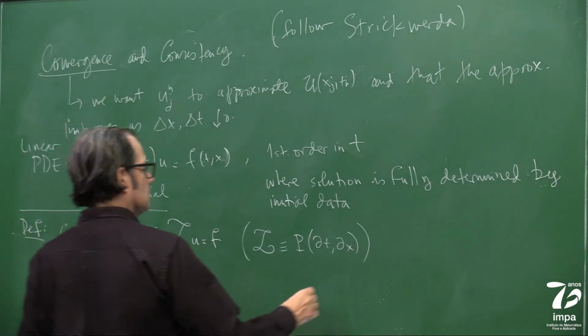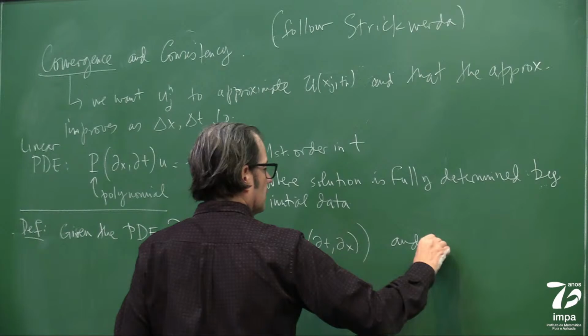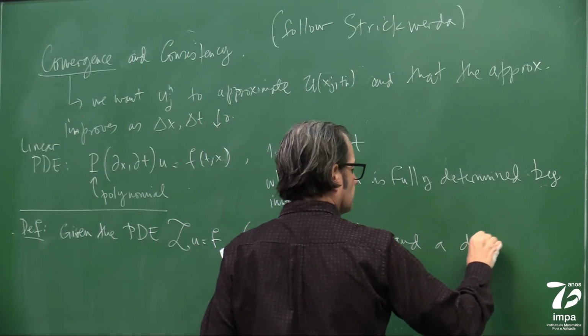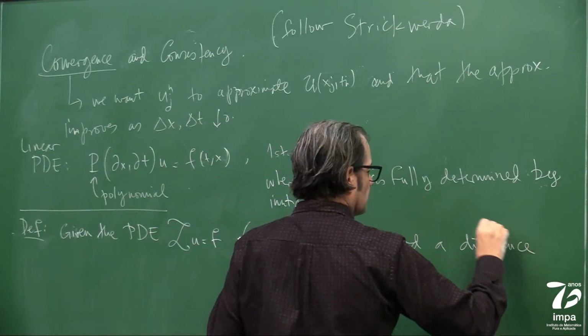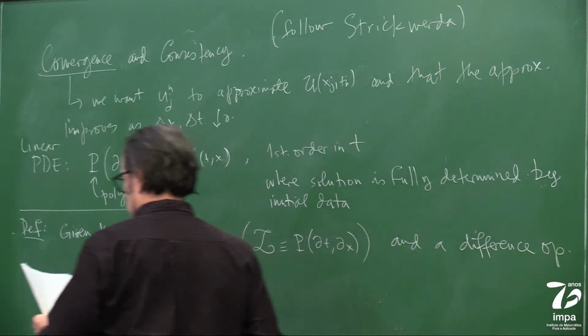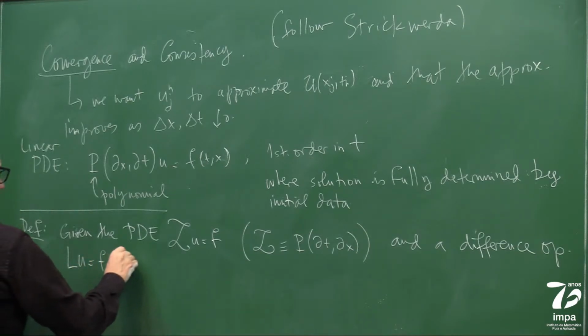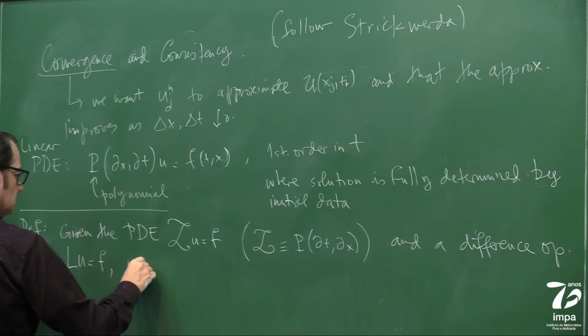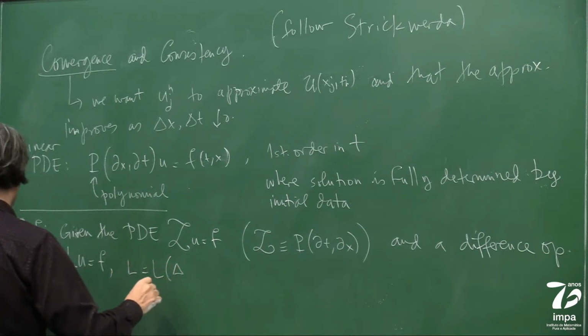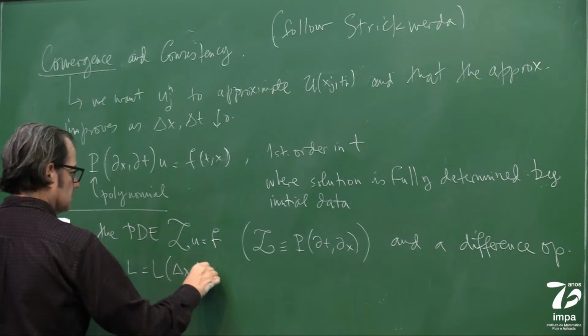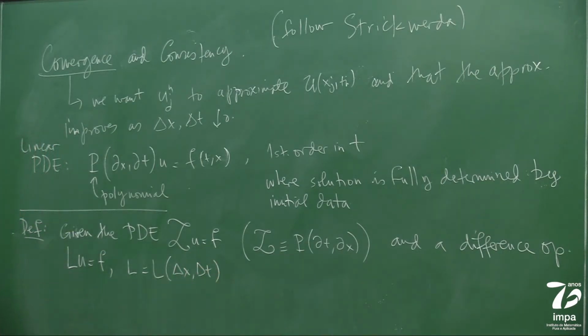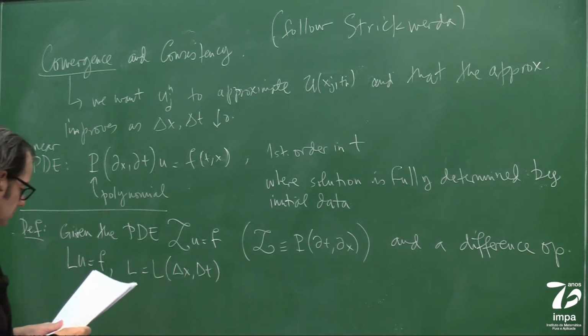So given the PDE and a difference operator, which he writes L_h u equal to f, L_h writes like this, just an operator that depends on the grid.